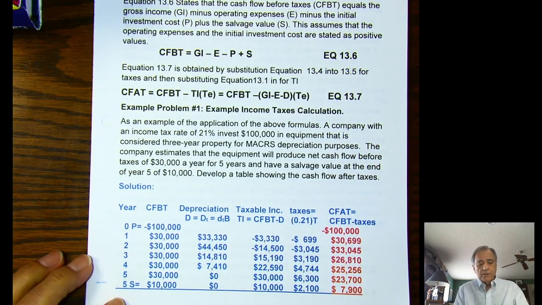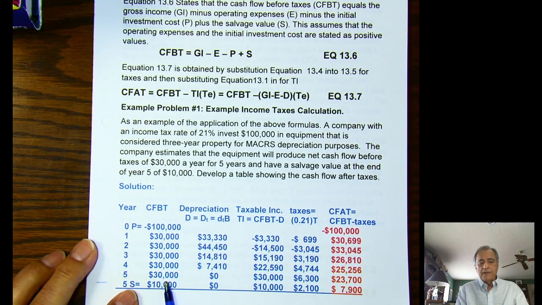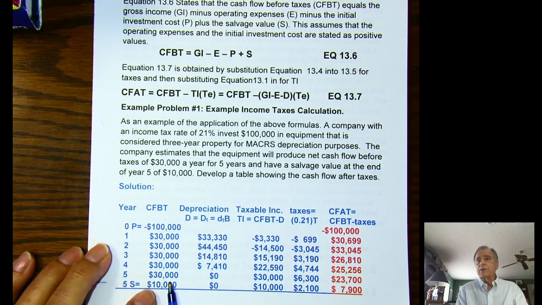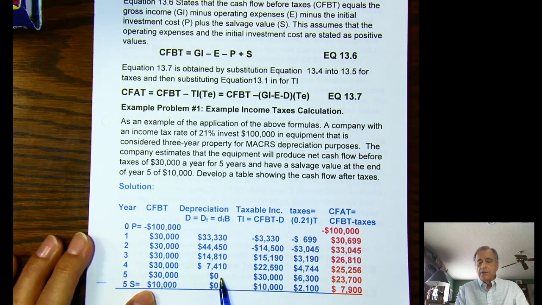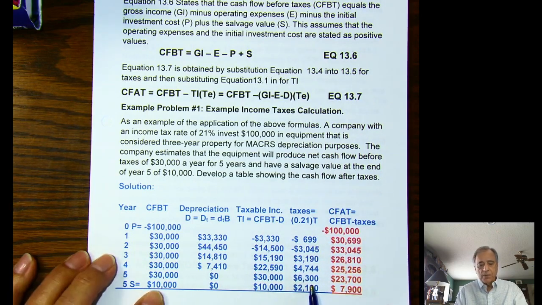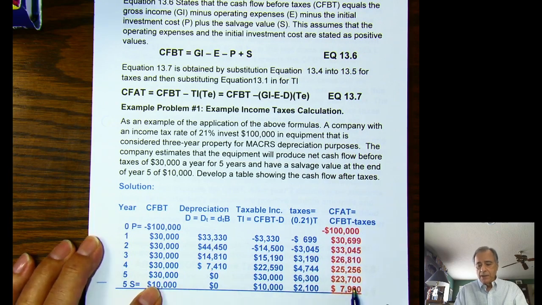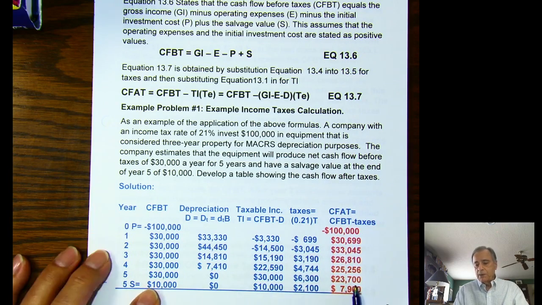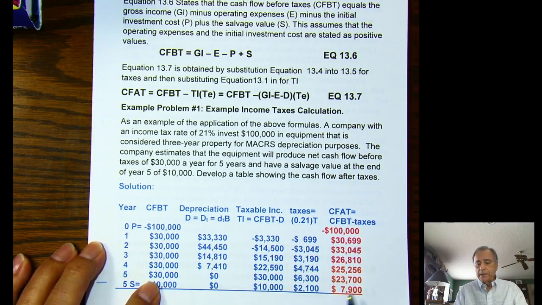Then in year 5, I have net operating income of $30,000, no depreciation, so I'm paying tax on the full $30,000 at 21% tax rate, gives me a tax bill of $6,300. I subtract that from the $30,000 to give me cash flow after taxes in year 5 due to the operating income of $23,700.